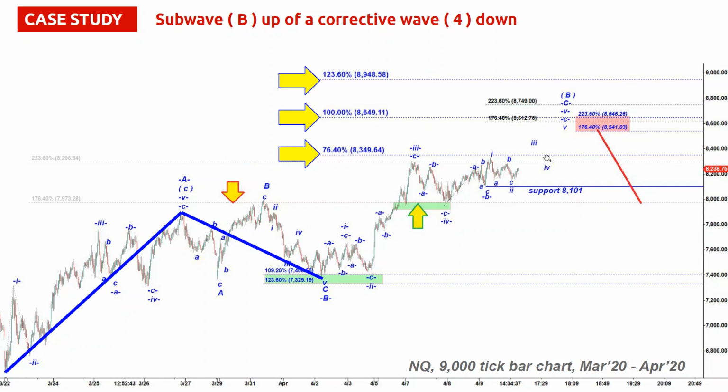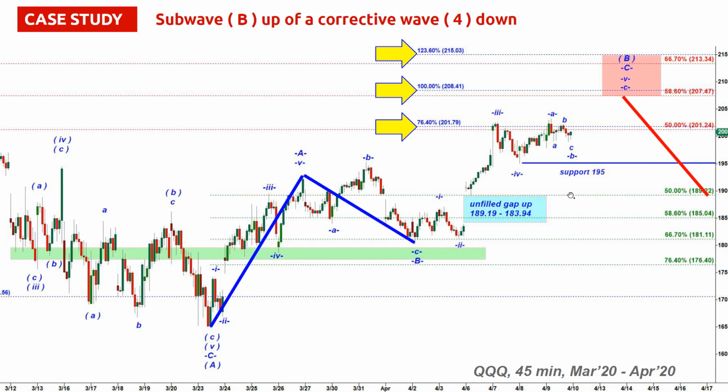Let's see, and if NQ drops under that support, it's 8101, and if QQQ drops under 195, and if ES drops under 2630, and if SPY drops under maybe 2262, that would be the first sign that the whole structure got completed.